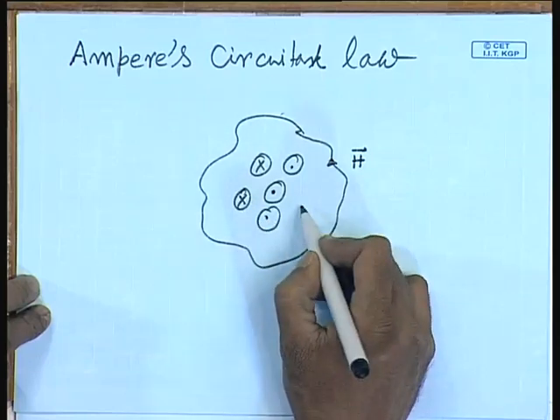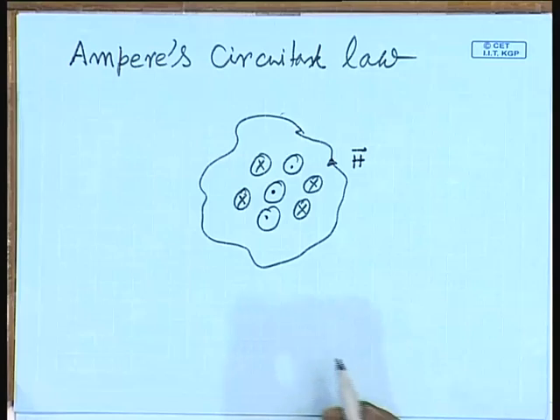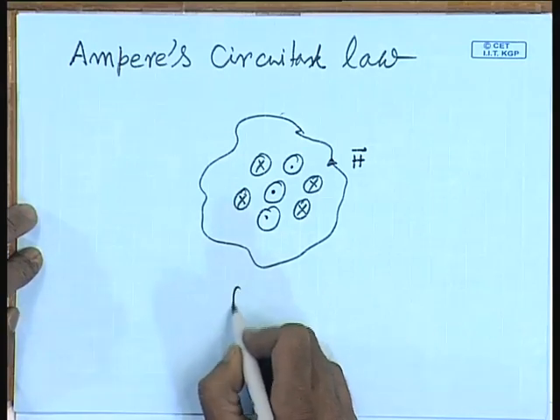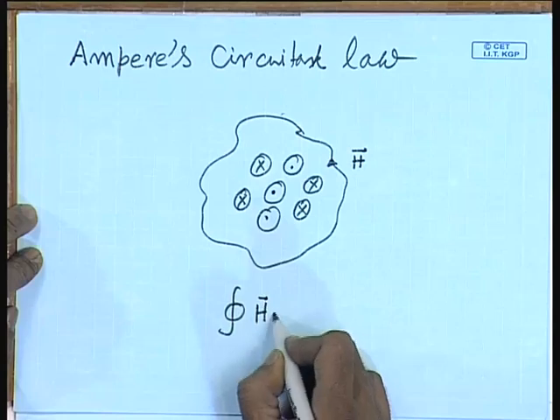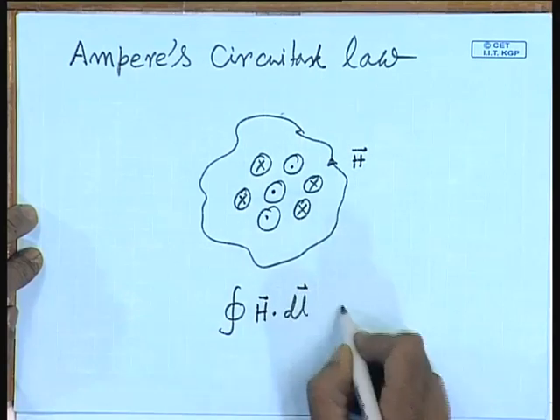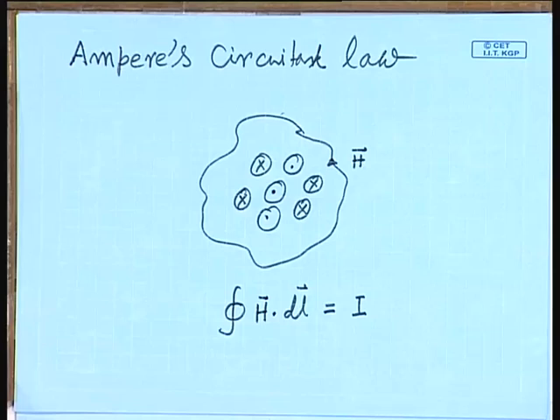There may be several of them. The total current enclosed, that is, the integral over a closed path of H dot dl, is equal to the total current enclosed.